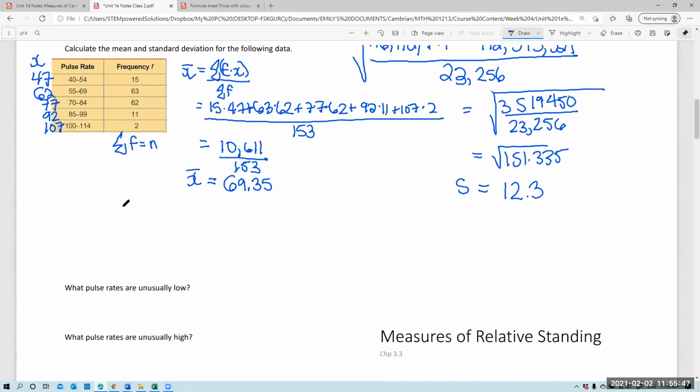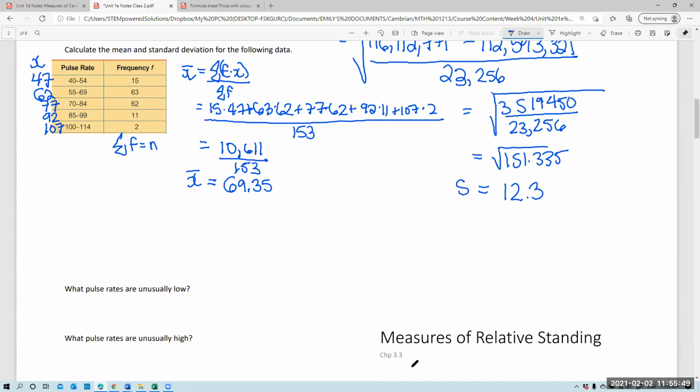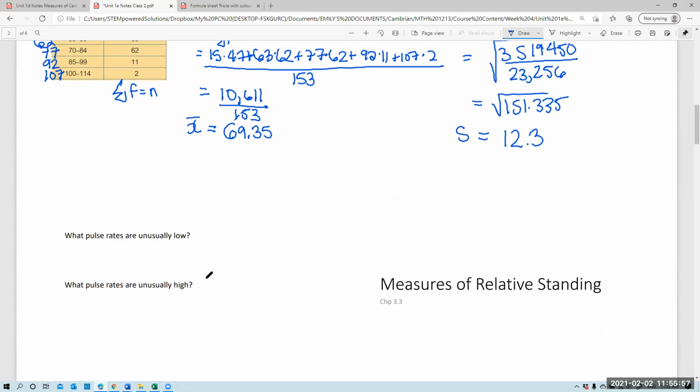Okay, so the pulse rates that are unusually low, can someone tell me how to calculate them? So you would take X bar and then subtract 2 times S. And then I got 44.75. Yeah, that's right.